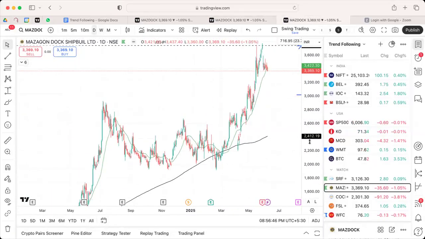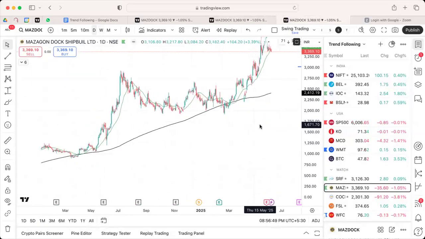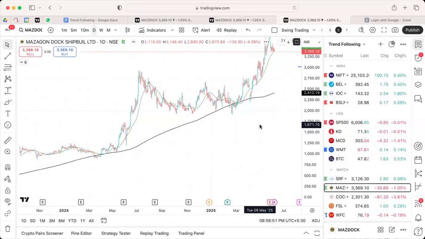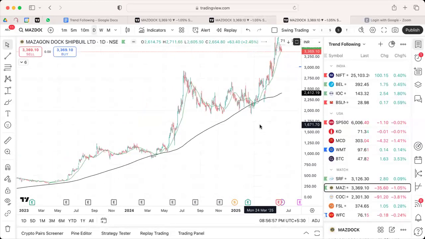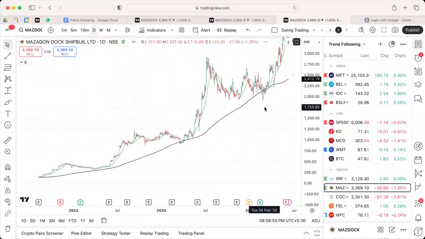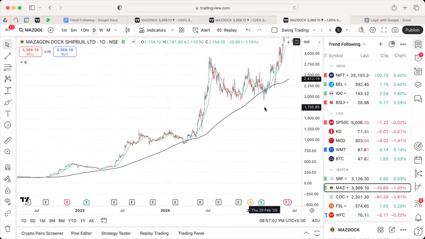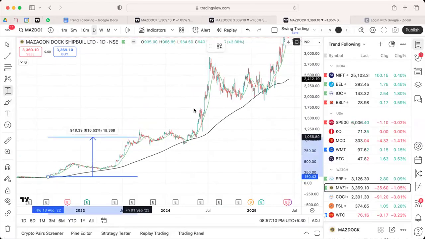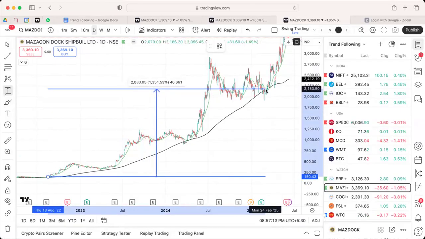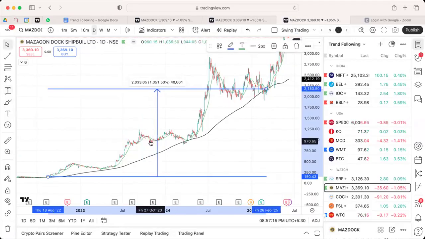Now let's go back into a further history of MassDoc and see how long, if you had entered when MassDoc went above the 20 period moving average and stayed above, where the 20 moved above the 200 and stayed above. Here's one example right about here, and this is where the 20 went below the 200, in August of 2022. So that's about 2.5 years.